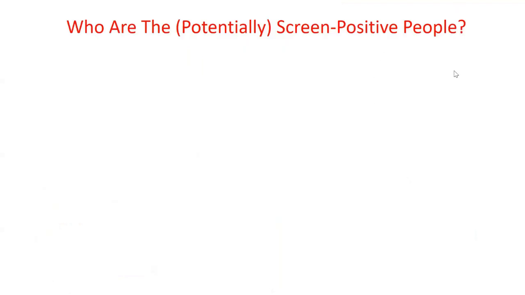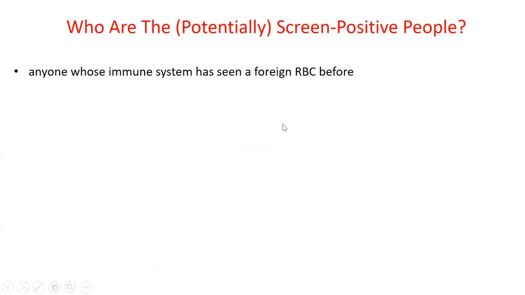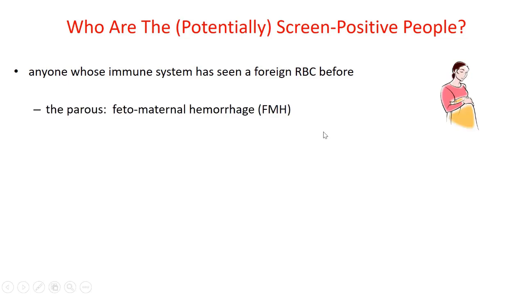Who are the potentially screen positive people? The people whose yellow stuff reveals anti-red cell antibody specificities. These are people who've seen a foreign erythrocyte, who've processed foreign alloantigens, and who have decided, rather than to be tolerant to them, to instead develop antibodies against those targets.